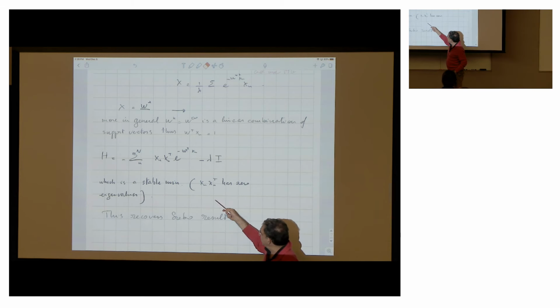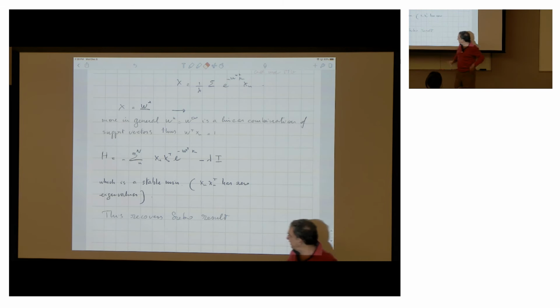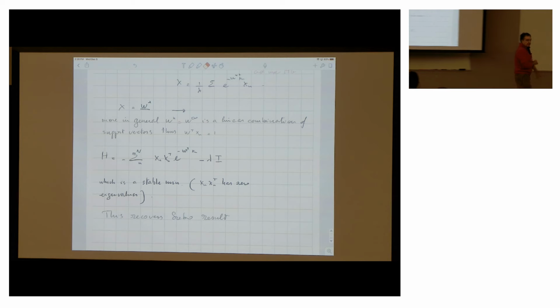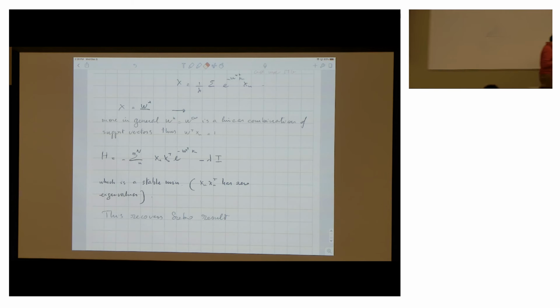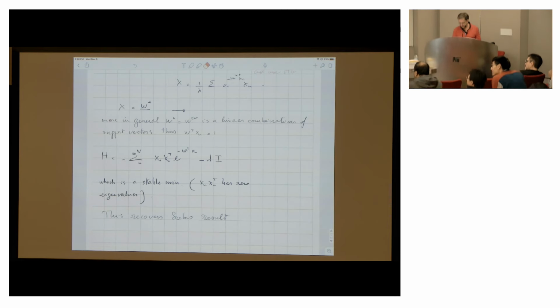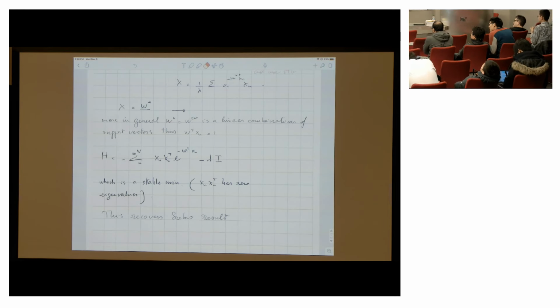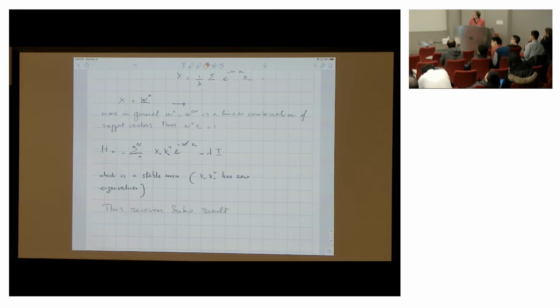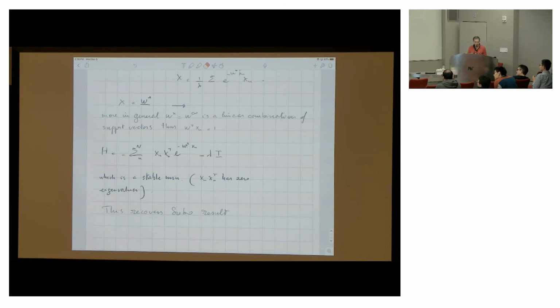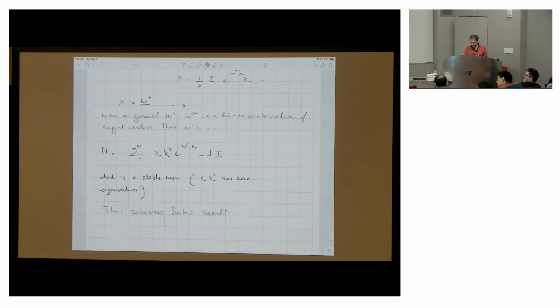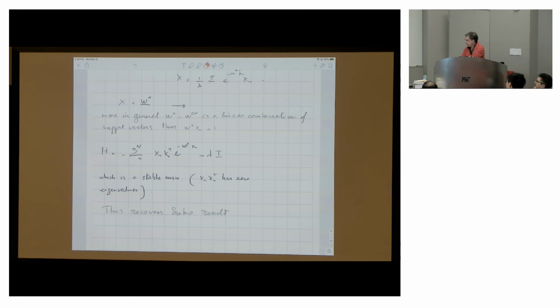And so with an arbitrarily small lambda, I get a positive Hessian, a stable point independent of initial conditions, and this seems to recover the Srebro result in a much simpler way. And I finish by showing a couple of simulations of this case.